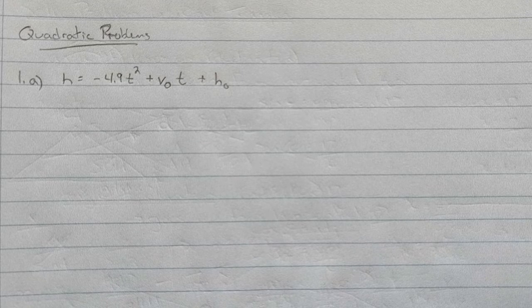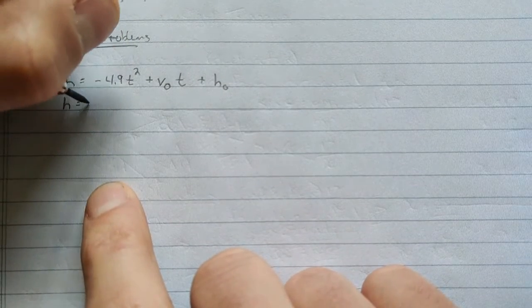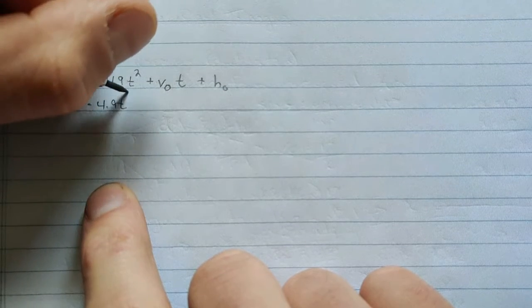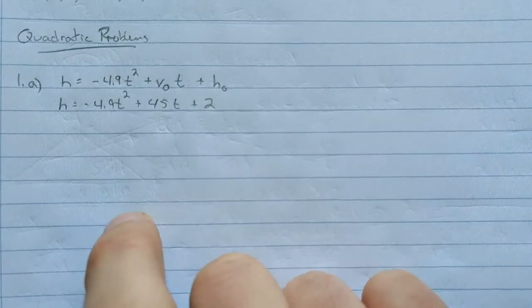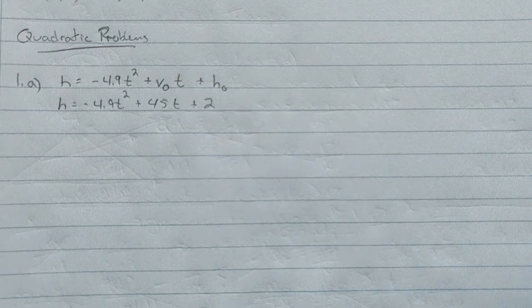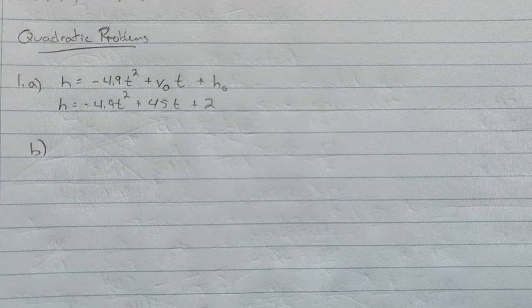So if we fill this in with the information that we were given, it was being launched at an initial velocity of 45 meters per second, and the initial height was from a 2-meter platform. So there's our equation that we can use. Right away, looking at this equation, I'm seeing some decimals in there. So when I move on to part B, which asks when does it fall to Earth?